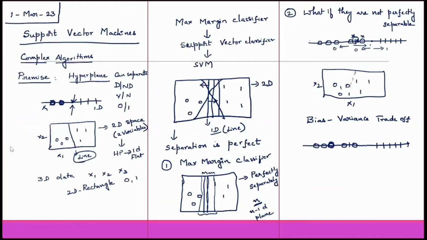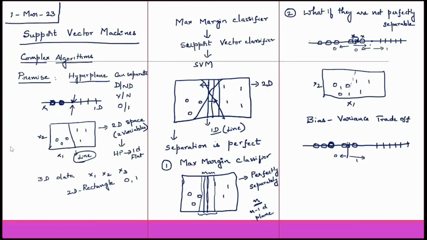Let's say I put my separator here. Only one is misclassified. Below this, they are all zeros. Above this, they are all ones. Only one value is misclassified in this case.